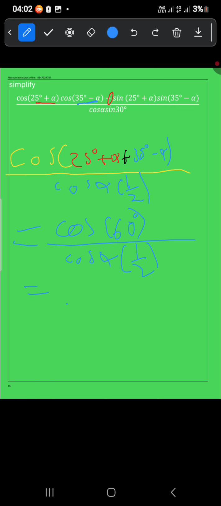Now cos 60 is the same as 1 over 2. Then cos alpha, 1 over 2, half and half cancel out. The final answer will be 1 over cos alpha for this question.